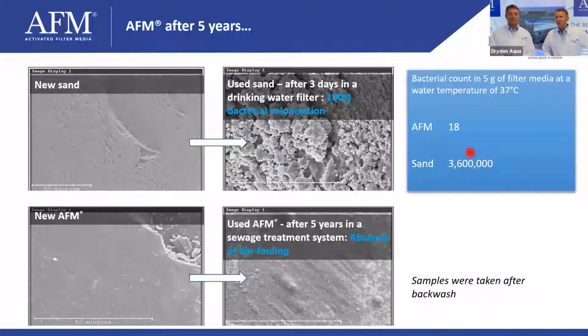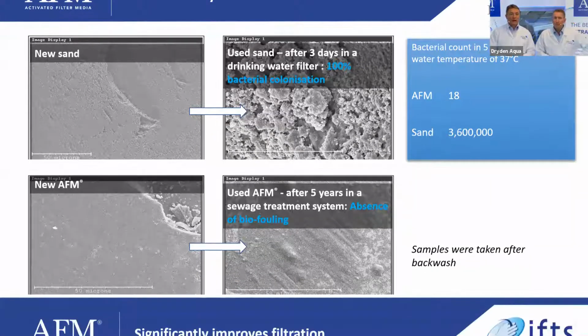If you do the bacterial count in this case, as Dominic said, it's never completely black and white, but you can see the differences are huge, significant. You do this also on the Petri dish. You take a probe after a backwash, once the media from sand, once from AFM. You shake it in deionized water, then you go on the Petri dish, and this is the result that you will get.